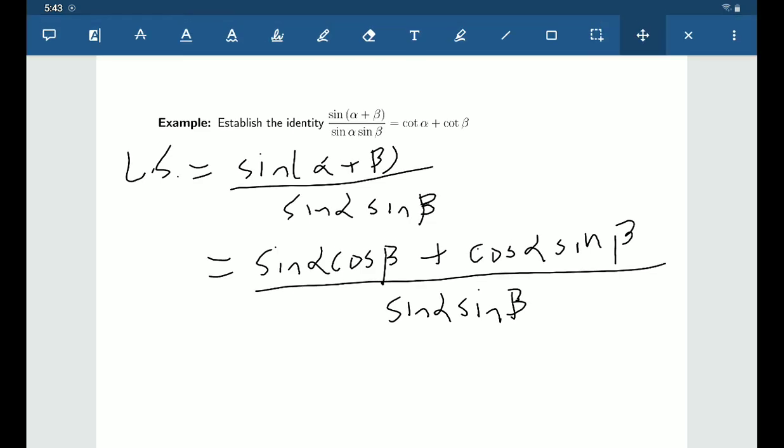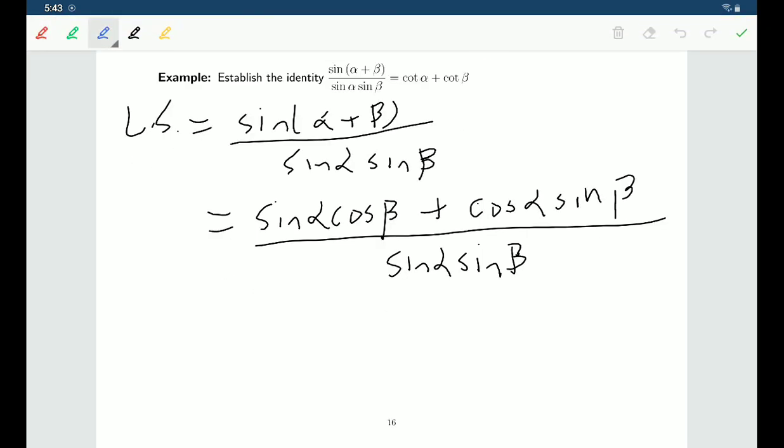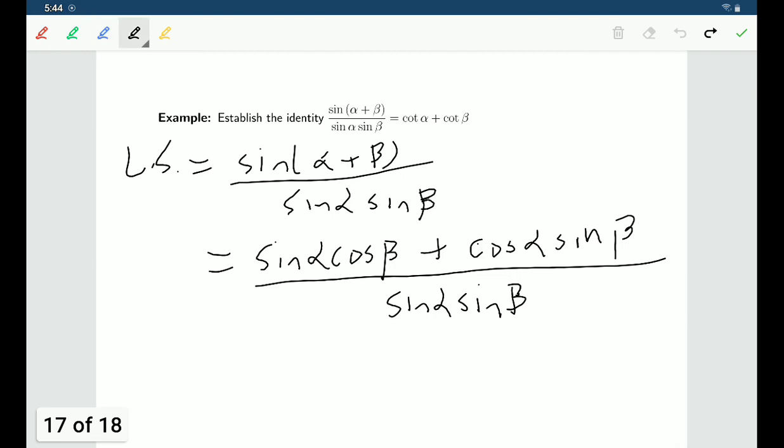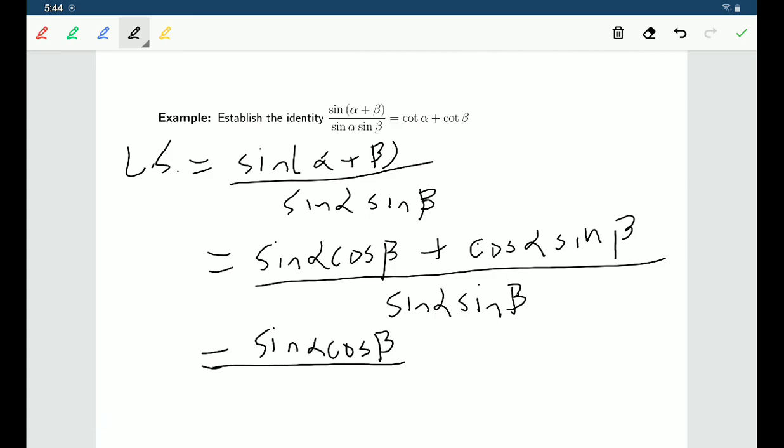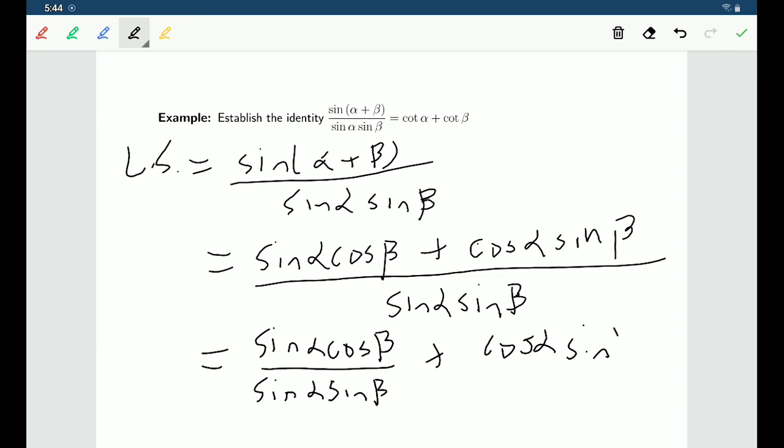Now, for the next step, remember that we're always looking ahead at where we're going, and where we're going is not a fraction, it's two terms added together, cotangent of alpha plus cotangent of beta. So that gives me the idea that maybe I should split this up. Instead of one big fraction, I can split it into two fractions: sine alpha cosine beta over that denominator, plus cosine alpha sine beta over that denominator.